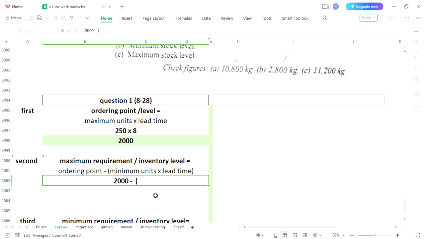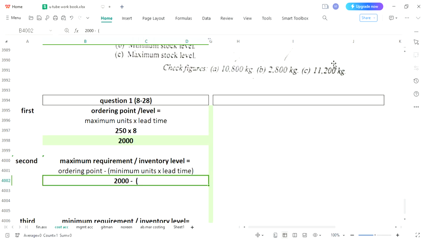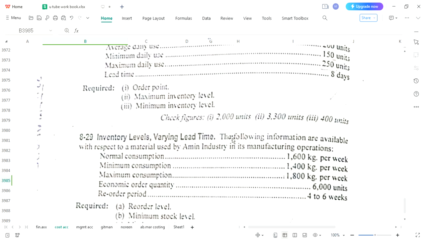So we go to the question and see how many units are in the minimum category. Look over here, minimum daily use, and that is 150. Put 150 over here, and then multiply it with the lead time. In the question there is only one lead time, and that is 8 days.